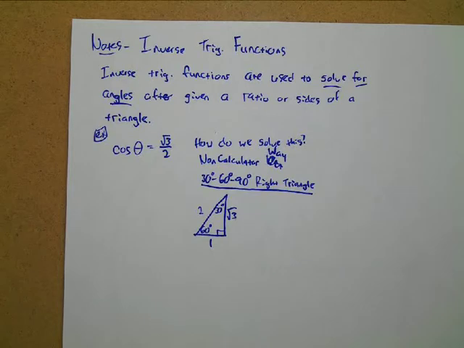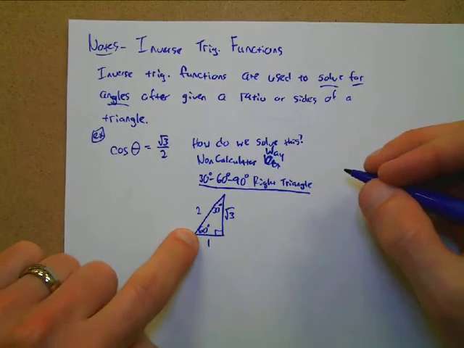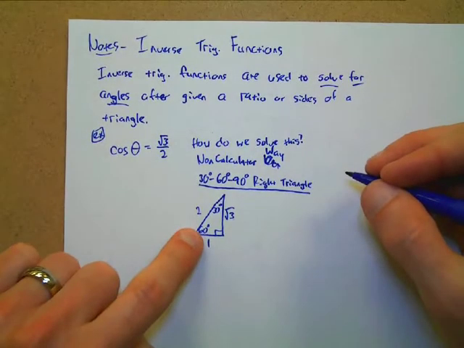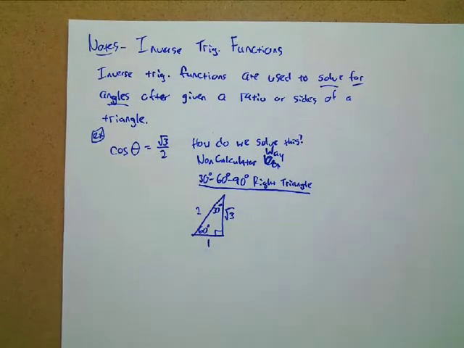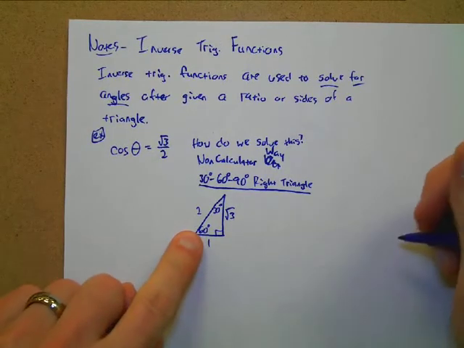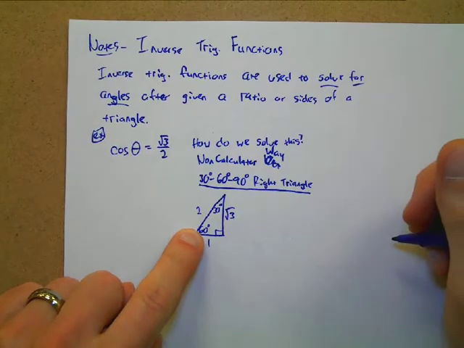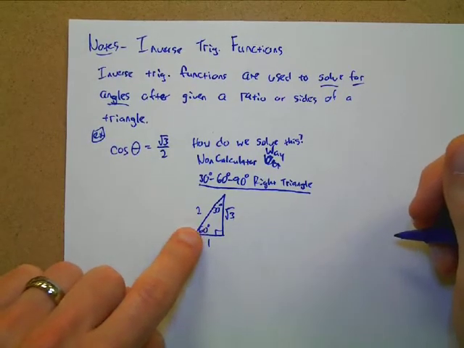Well, let's check. Let's guess that it's 60. What's cosine of 60 going to be? Think about SOHCAHTOA again. Cosine is what over what? Adjacent to hypotenuse.